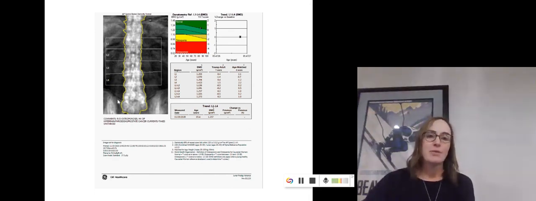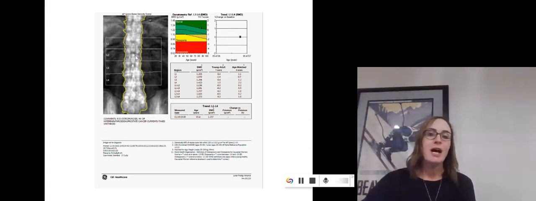Now, sometimes what you will see on these bone densities is that one of these vertebrae may be removed, and it'll be lightened out here, so you won't see the number. What that means is that they have eliminated that portion of the spine because either there is hardware in that area or there's so much degeneration that it's not something that they can accurately read.